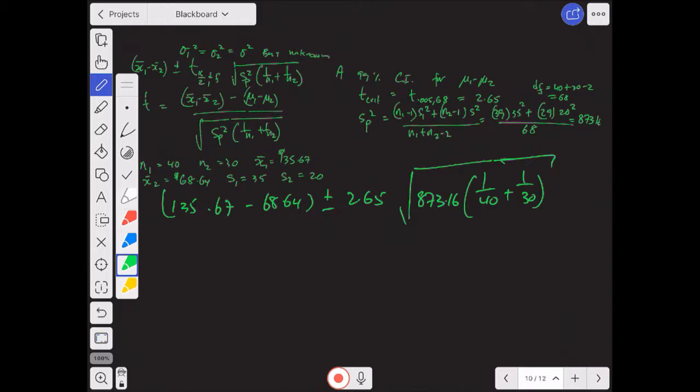Turns out that when we do all of our calculations, the first part right here is 7 point something. Let me just grab my notes here, just bear with me for a second. Turns out that this piece right here is 7.136.